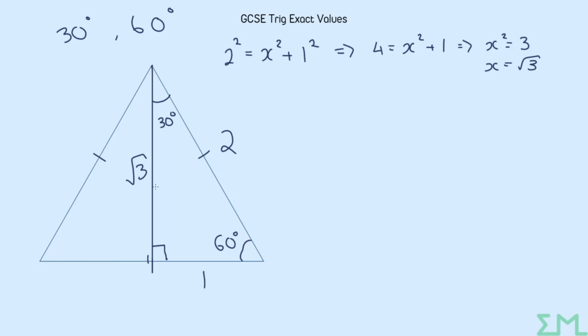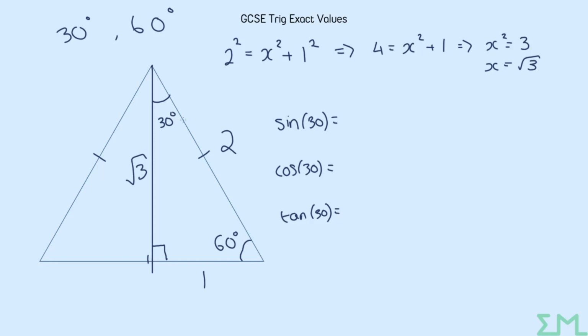Okay, so let's write down the values of our trig functions now that we've set up our triangle. So we'll start with the 30s. So we've got sine 30, cos 30, and tan 30.